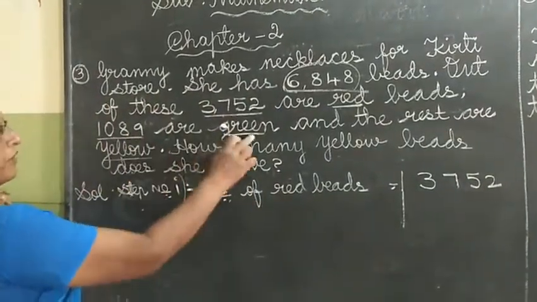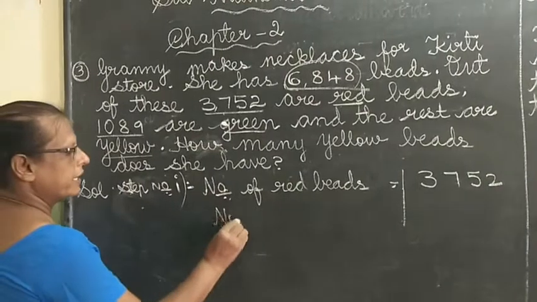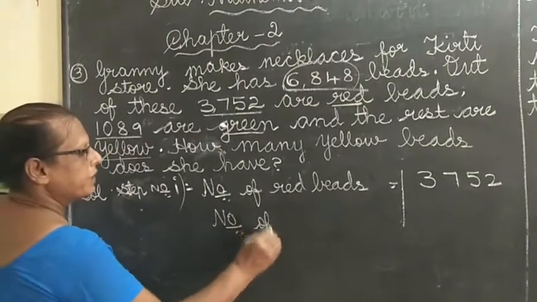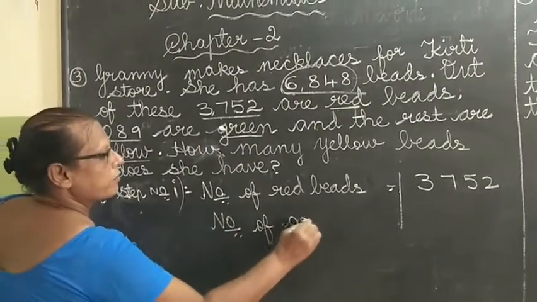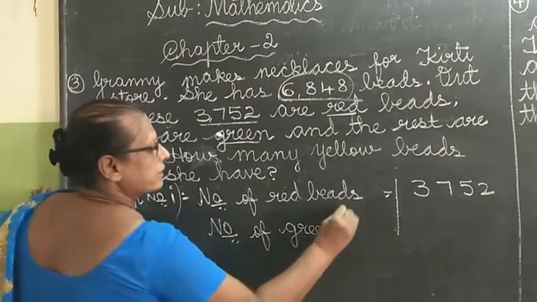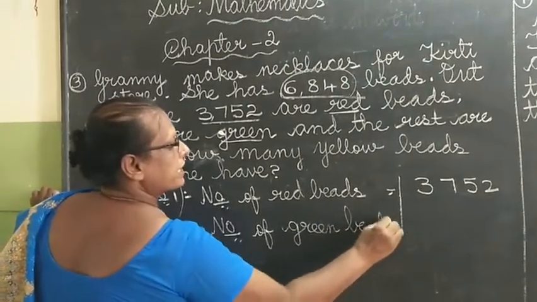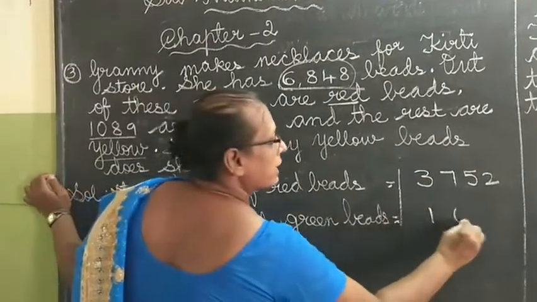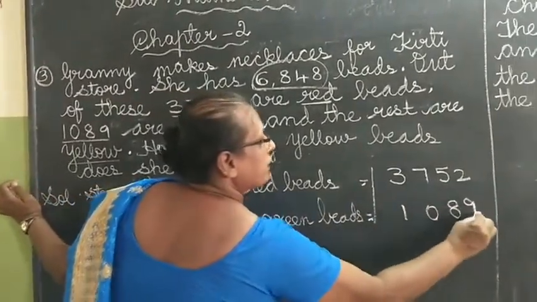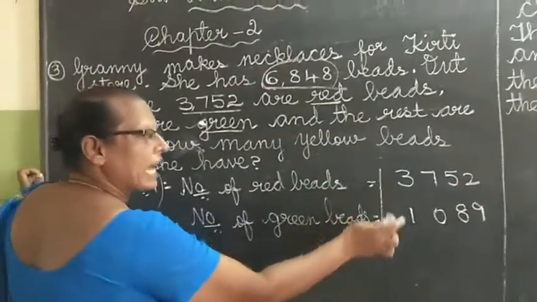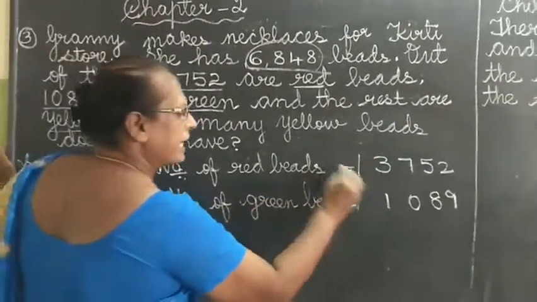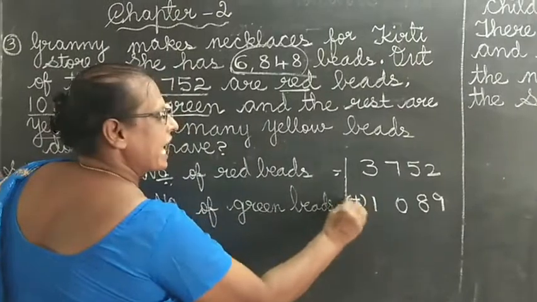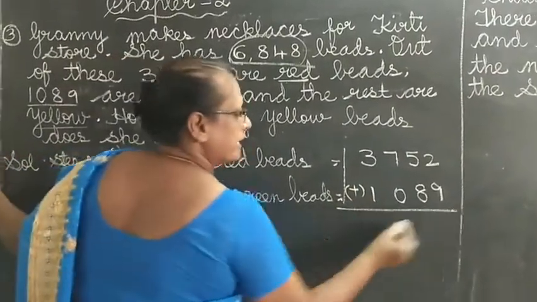And number of green beads, how much? 1,089. So what can we do, children? First we can add both the beads, red and green beads. If we add, we'll see what answer comes.